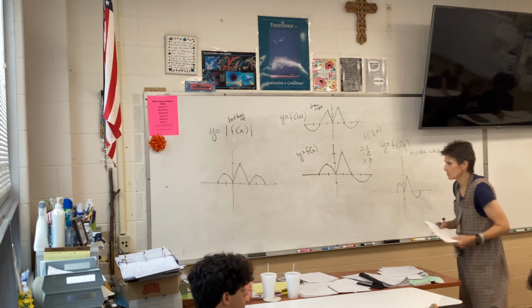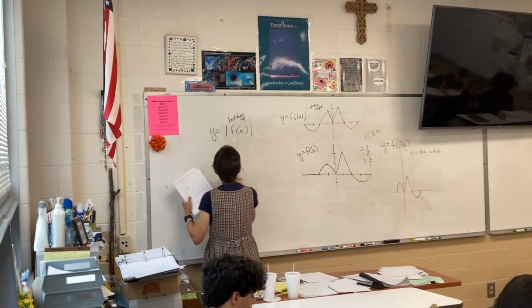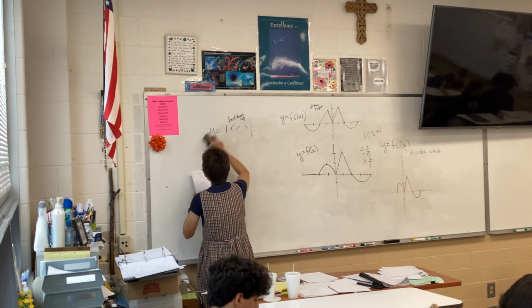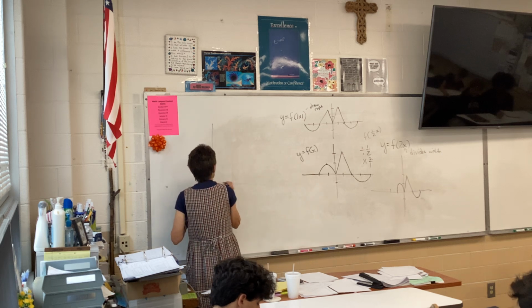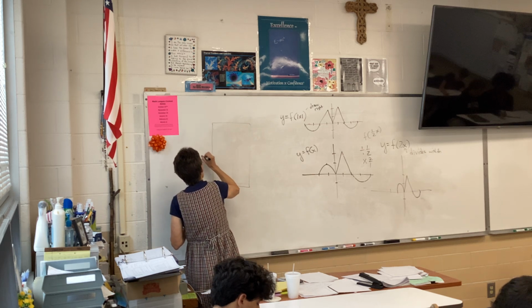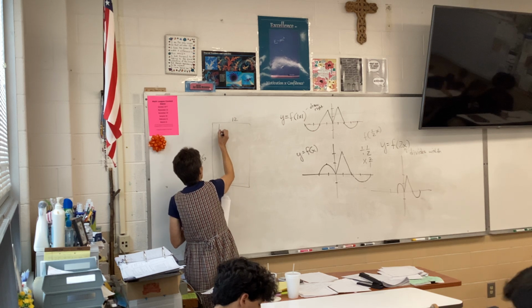So you understand the basics of what's happening in 1.7, number 1. You've got a piece of paper that's 12 by 15. You're gonna cut out square corners.